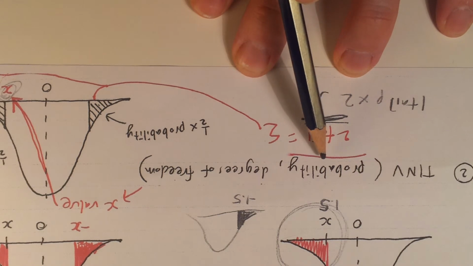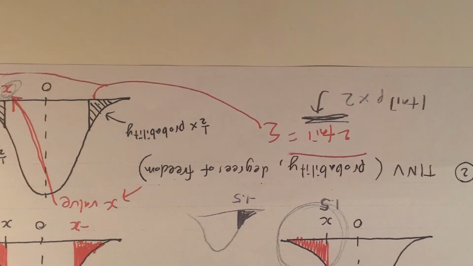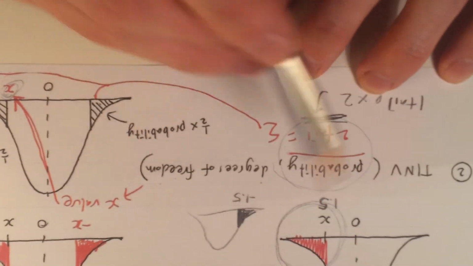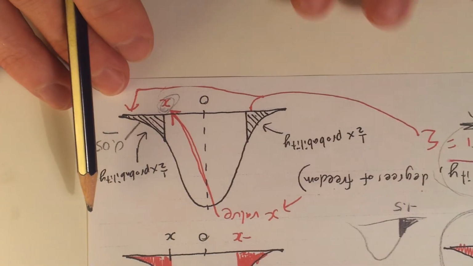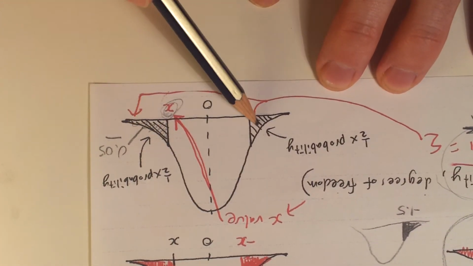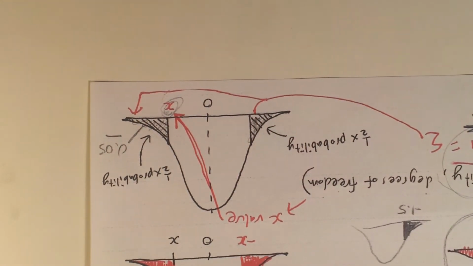We have to tell it a relevant probability and the degrees of freedom, and it will give us an x value. But you have to be mindful that the probability that it wants is a two-tailed probability, so it actually wants to know the total area, which is equivalent to the total probability, in these two tails.